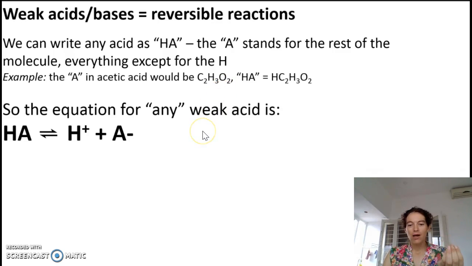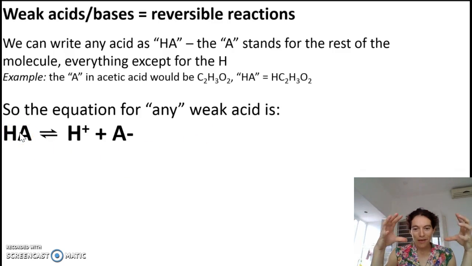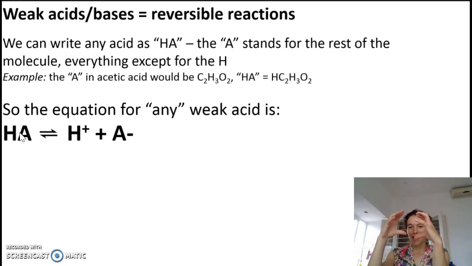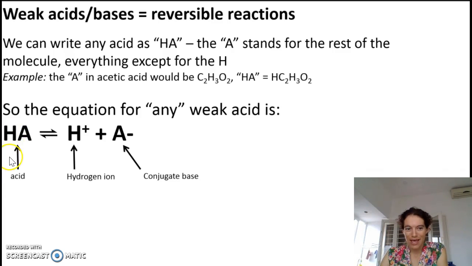So when we think about it for a weak acid, the equation is the whole thing breaks into the H plus, and then the rest of it with a minus sign. It's the acid, the hydrogen ion, and the conjugate base.